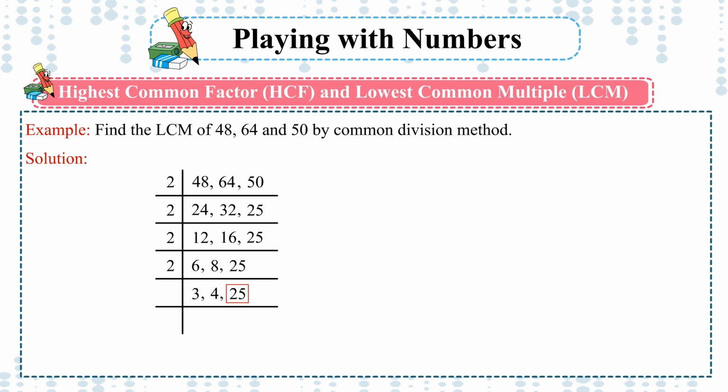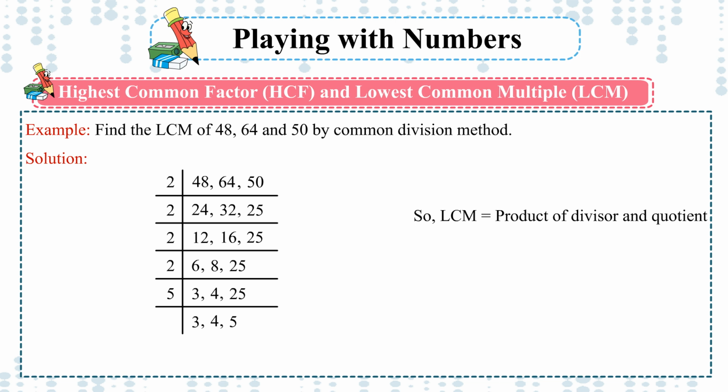The smallest prime number that divides 3, 4, 25 is 5, and 5 multiplied by 5 is 25, but 3 is not a multiple of 5 and 4 is also not a multiple of 5.